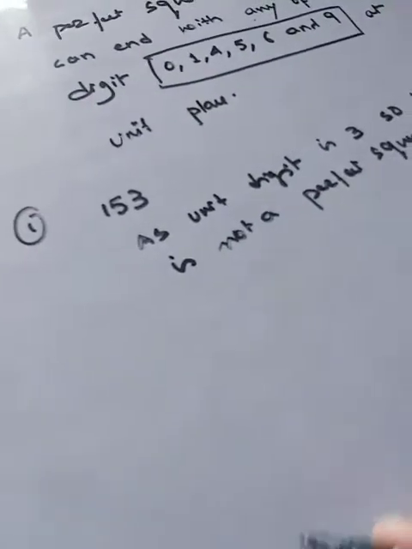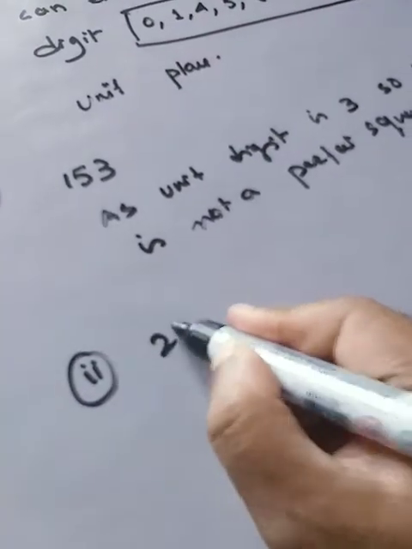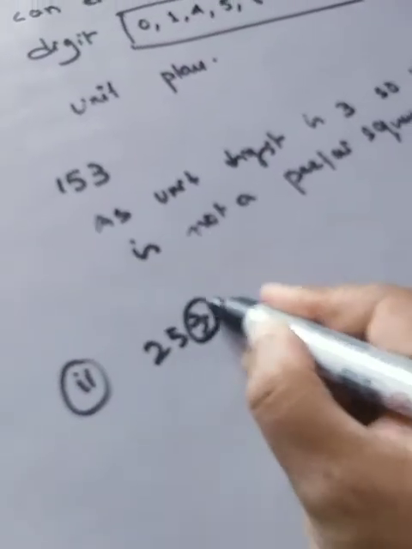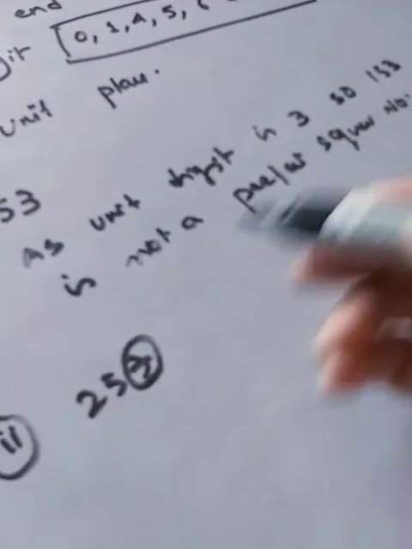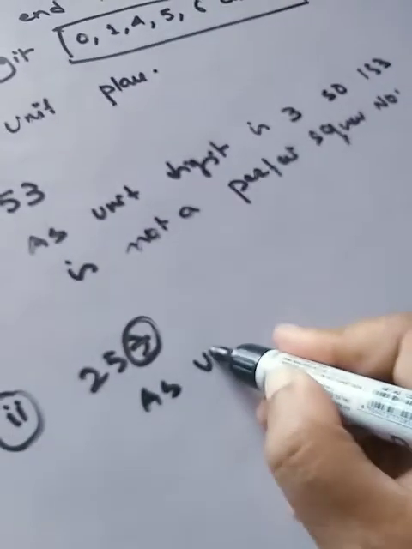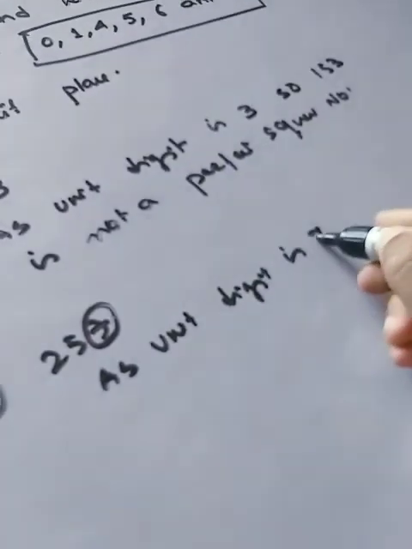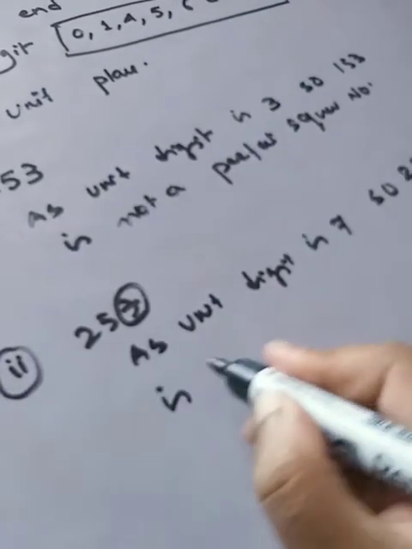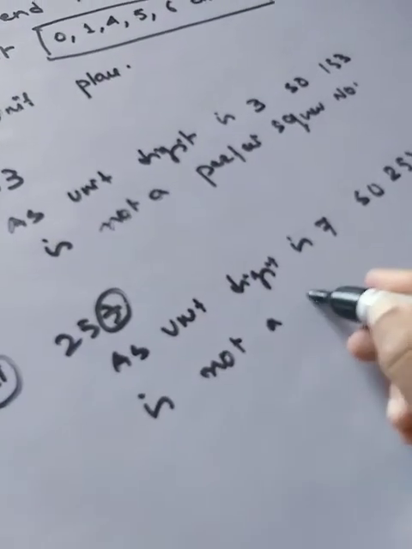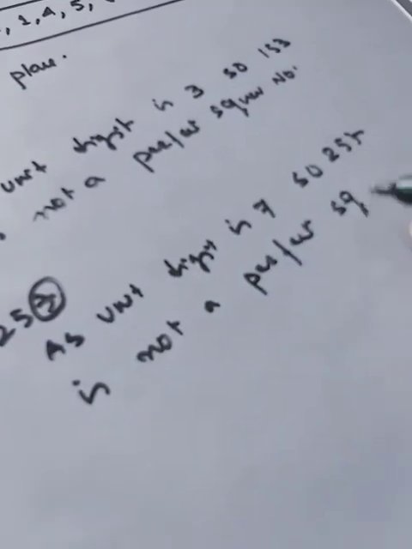This is how we will write. Similarly, the second is 257. You see what is there in the unit digit? 7. Is there any 7 written? So we will write: unit digit is 7, so 257 is not a perfect square number.